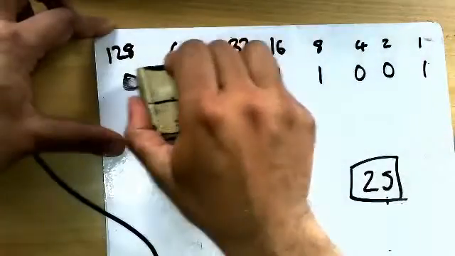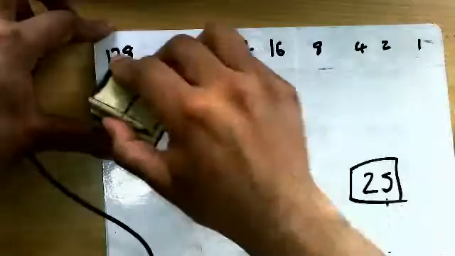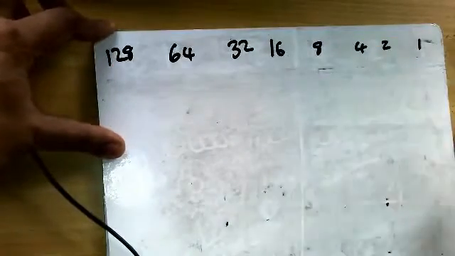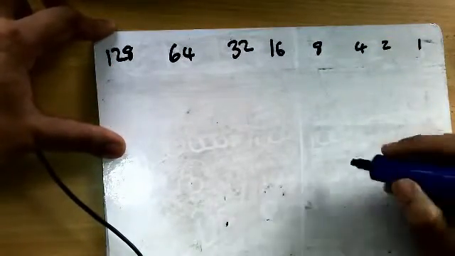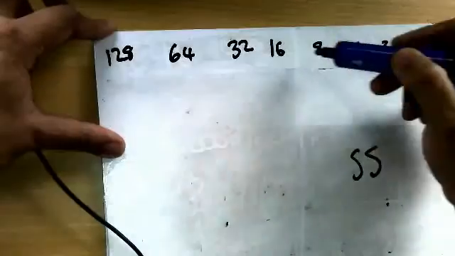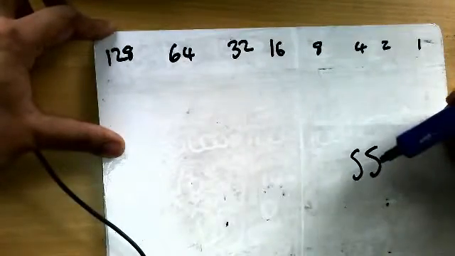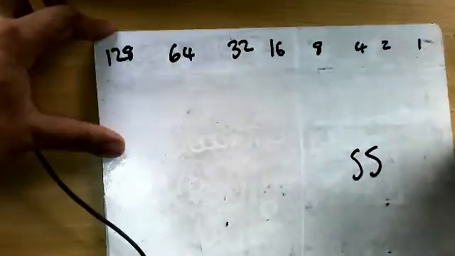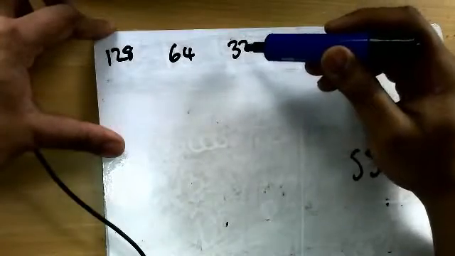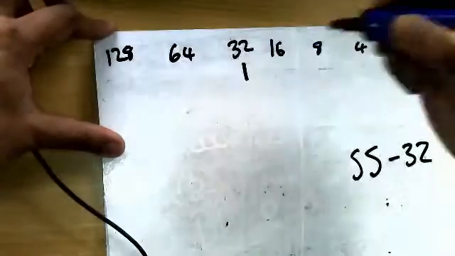Now, the method that I use for this in my head, and you can have your own if you've got an easy one, is imagine somebody gives me a number, let's say 55. I look for the largest number in the line which isn't 55 or is smaller than 55. So you'll see that I found 32, and based on this I take away 32 and I switch it on.